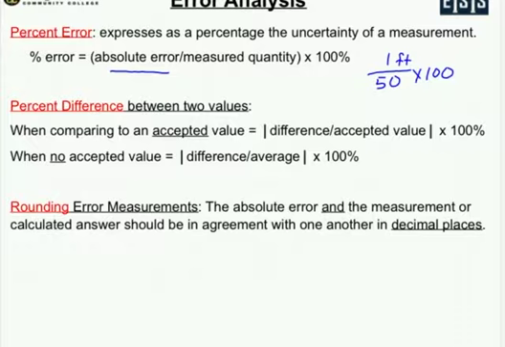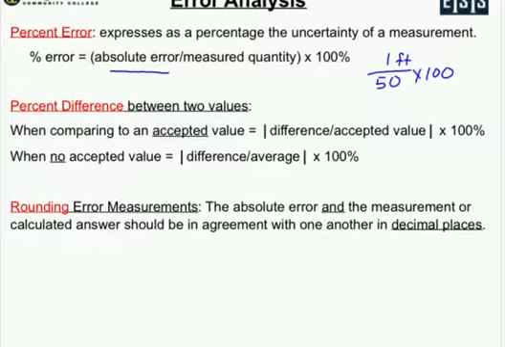Now, occasionally you're asked for your percent difference between 2 values. So you might run 2 different experiments that should result in the same answer, 2 different ways to determine a certain property of a material. Sometimes you're asked what the percent difference is between the two methods you used to come up with this value.